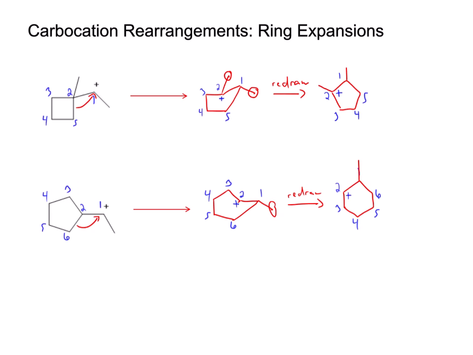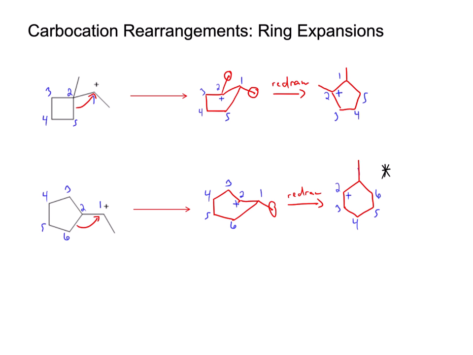Now, I'm going to put an asterisk next to this structure because we might not be done with our carbocation rearrangements. If you look at that carbocation product on the right, notice that we have a secondary carbocation. And if we look at that 1 carbon where we have that methyl group, there is both a methyl group and a hydrogen at that 1 position.